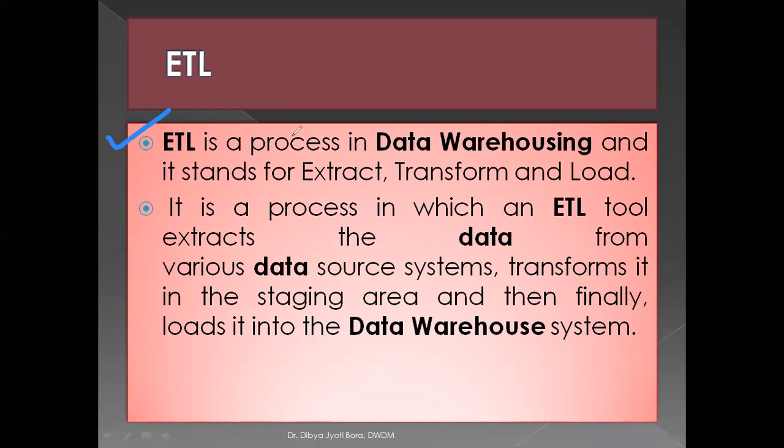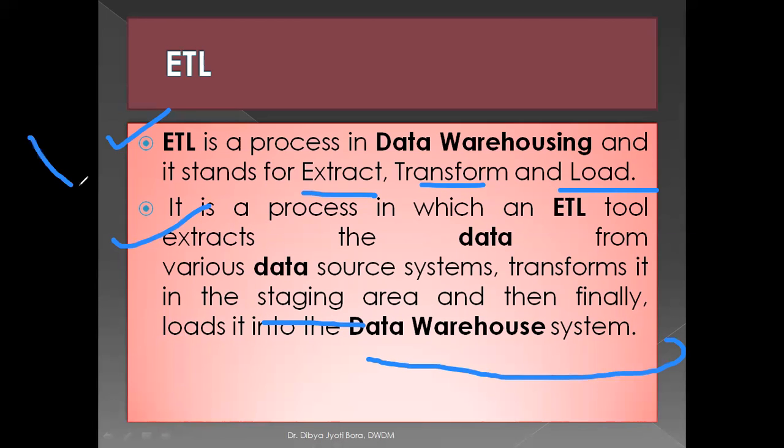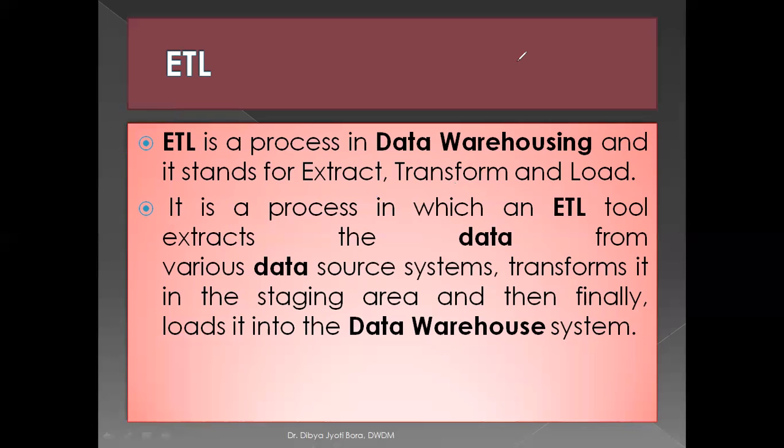ETL is a process in data warehousing, and we know that it stands for extract, transform, and load. It is a process in which an ETL tool extracts the data from various data source systems, transforms it in the staging area, and finally loads it into the data warehouse system. Right? No further explanation.